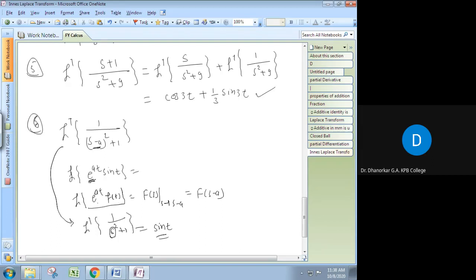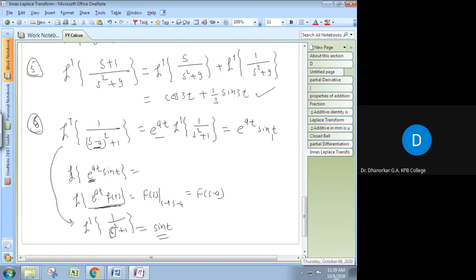From this shifting property, e raised to power at term is there, and that means I will write here e raised to power at, and then the remaining term is nothing but 1 divided by s square plus 1. If we are multiplying by e raised to at, then s minus a we can take outside, and directly I will write only s square, and this is nothing but e raised to power at into sine t. Are you following here?